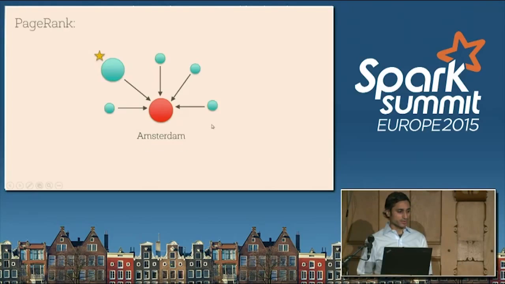PageRank is somewhat similar, but in PageRank, we let the node here, for example, get to vote on the Amsterdam article. And since it's a highly influential article, its vote counts more, versus in degree, where it does not.